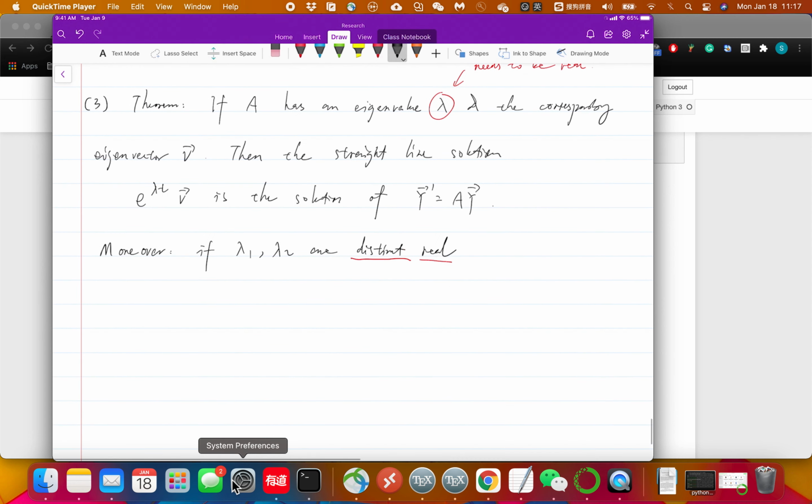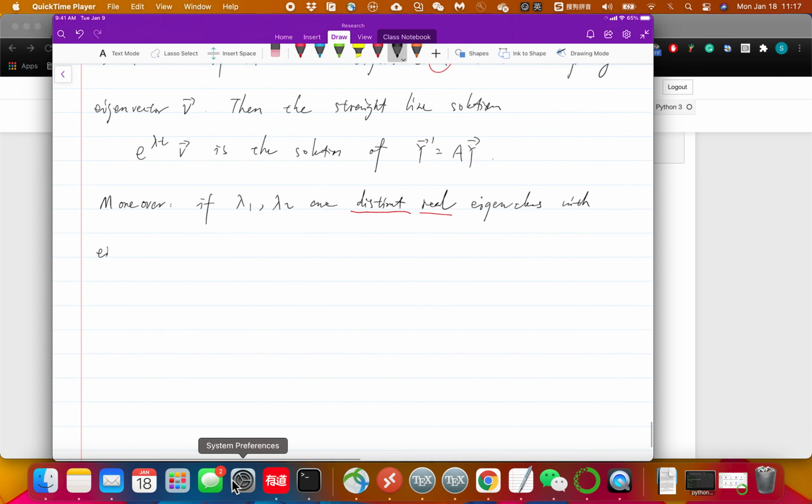Real eigenvalues with eigenvectors v1 and v2.